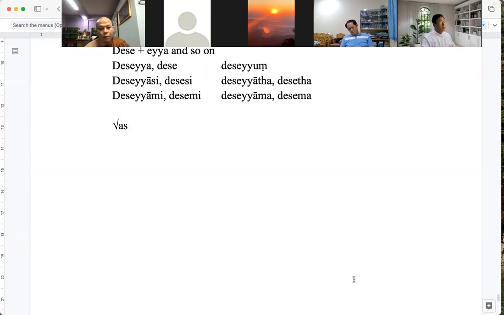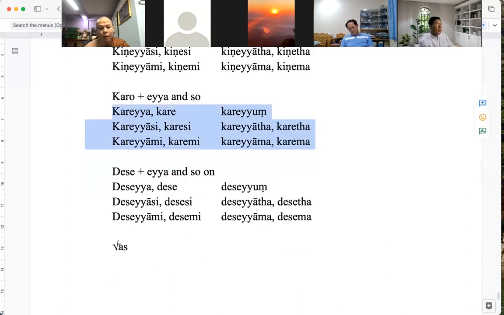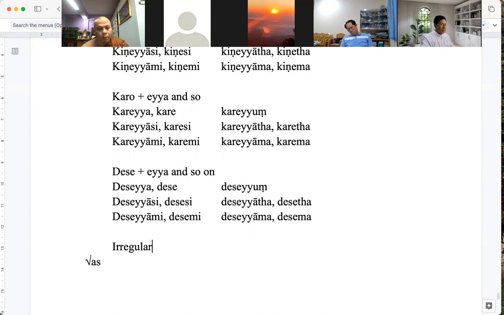And also here, base karo, regularly forms kariya, kari, kariyo, kariyasi, karisi, kariyata, karita, kariyami, karimi, kariyama, karima, but some also form irregularly. So irregular with the optative.